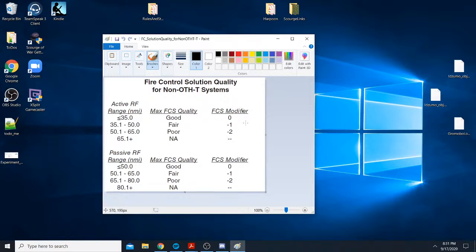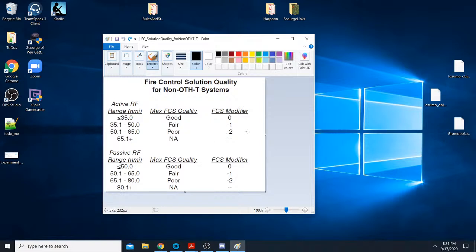The modifier is basically 0, and you have no maximum fire control quality involved. So for some reason, for example, you had an active detection around 55 nautical miles, right, based on your size and the target size. The maximum you could do, I don't know why I'm not able to, darn it, sorry.